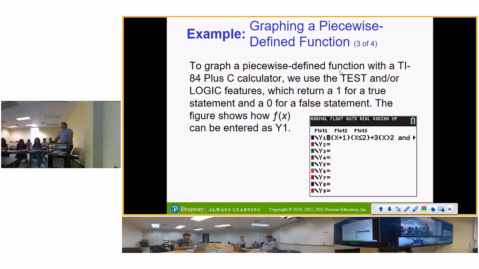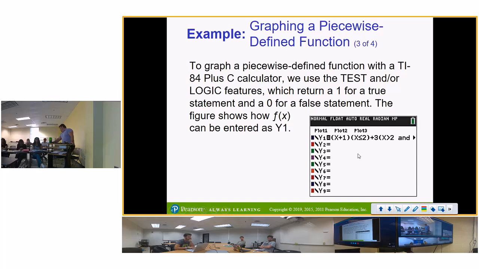To graph a piecewise function with a TI, we use the test and or logic features, which return a 1 for a true statement and 0 for a false statement. The figure shows how f of x can be entered as y1. And that's the x plus 1 from -2 plus 3x greater than 2. And you can plug the whole thing in.